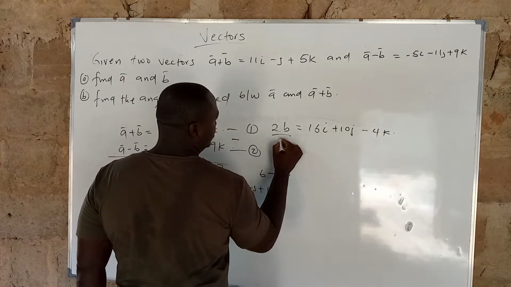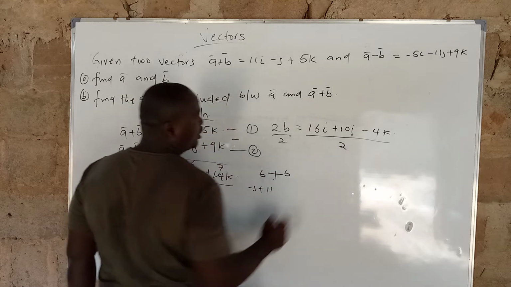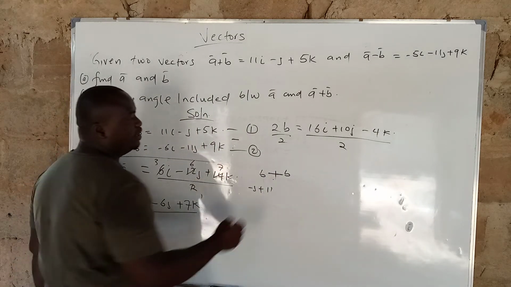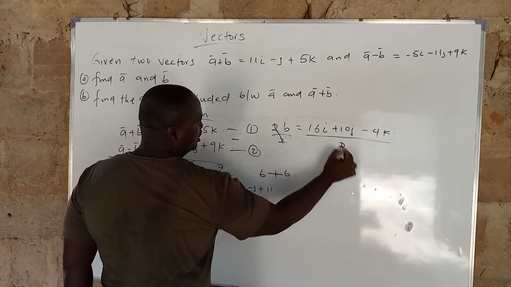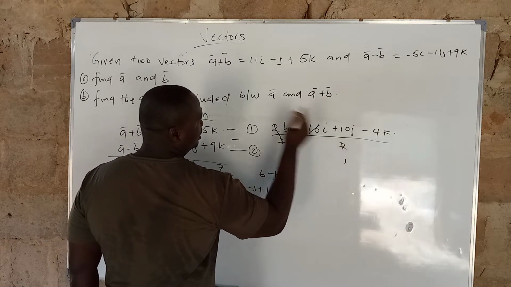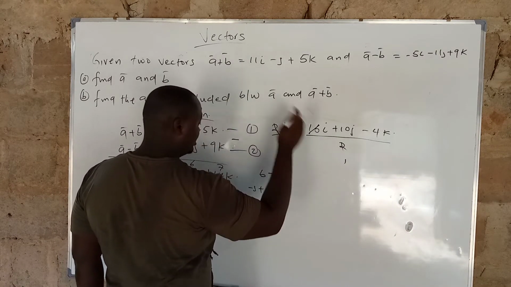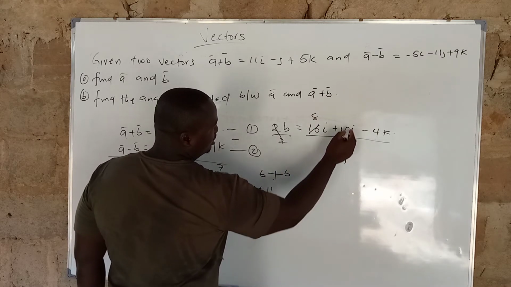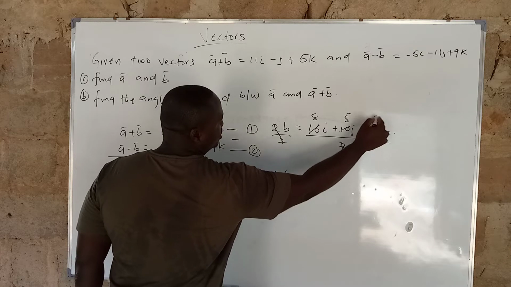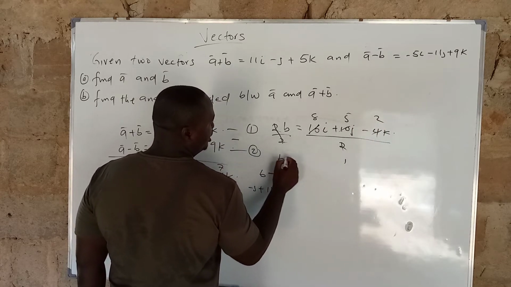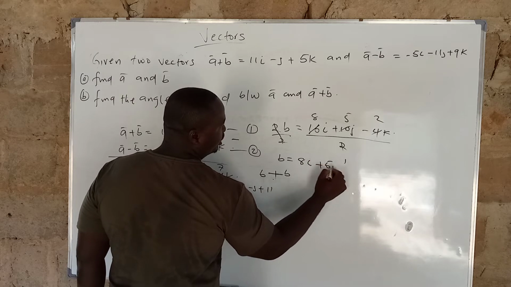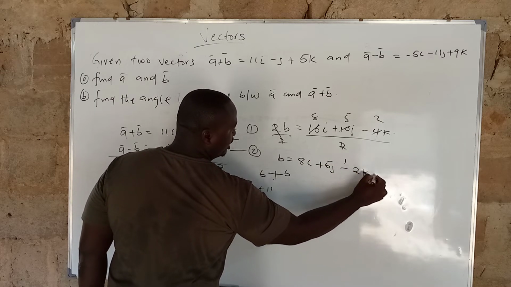Remember to divide by 2, because what we are looking for is not 2B but B. So 16 divided by 2 should give you 8, right? Here should give you 5, while here should give you 2. So B is equal to 8I plus 5J minus 2K.